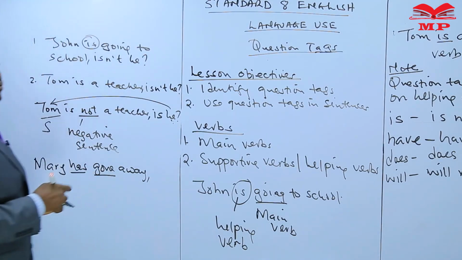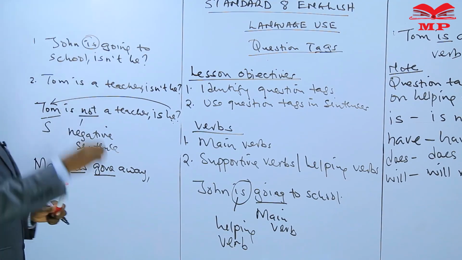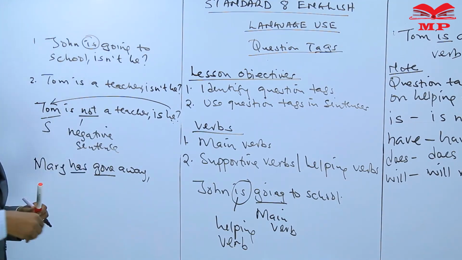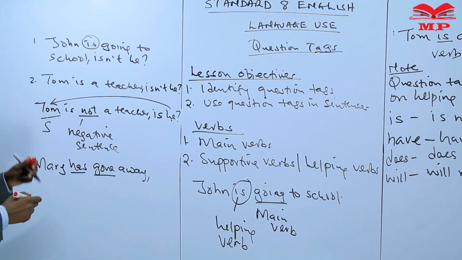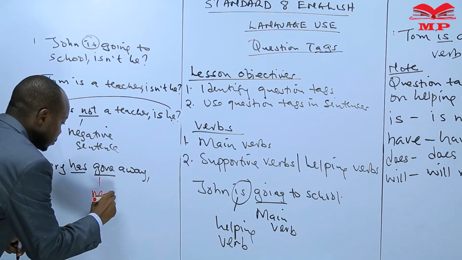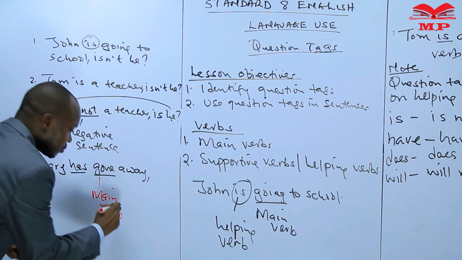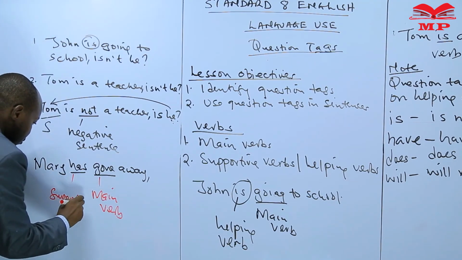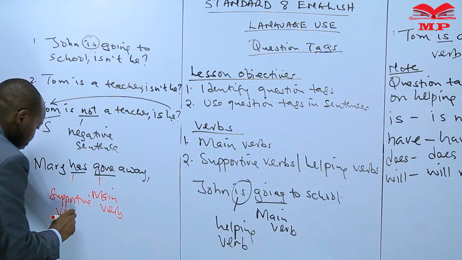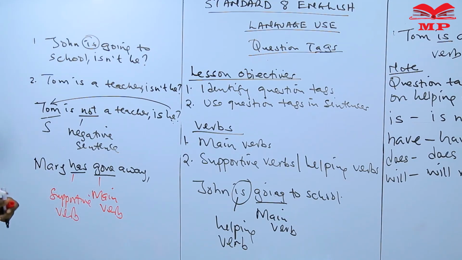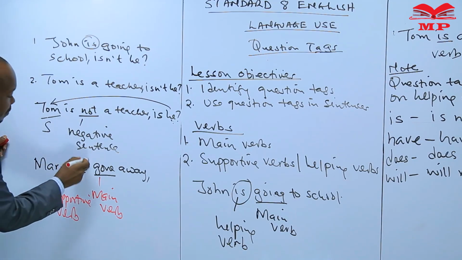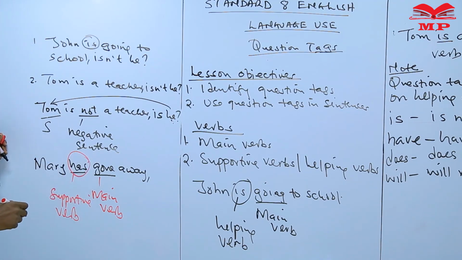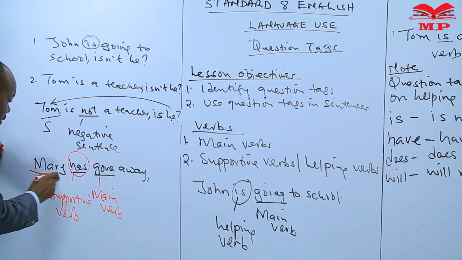Supporting verbs, like have, has, do, does. So, this is the main verb. This is the supportive verb. So our focus is on has and Mary.